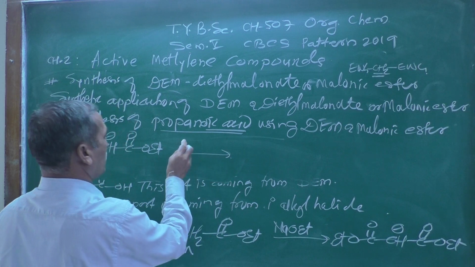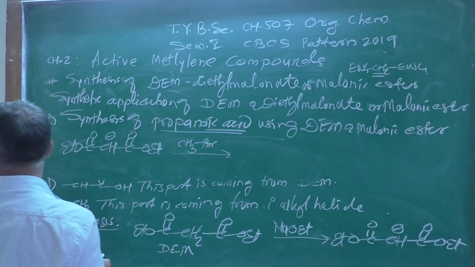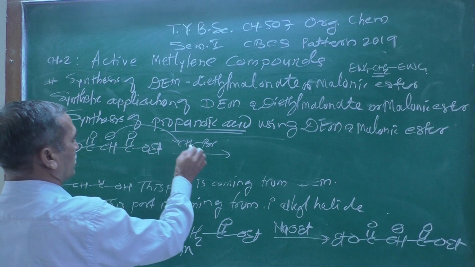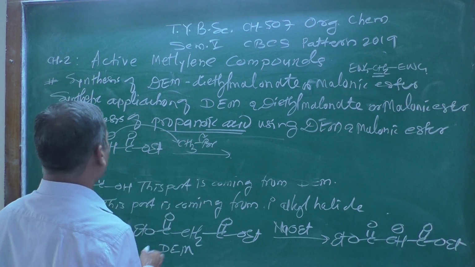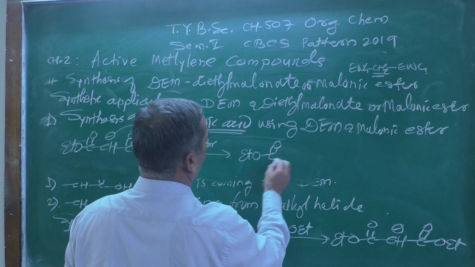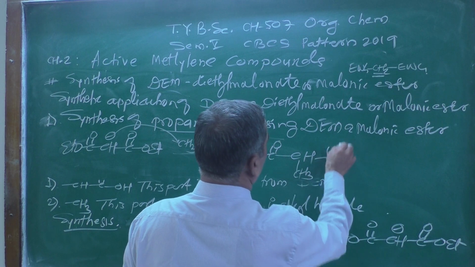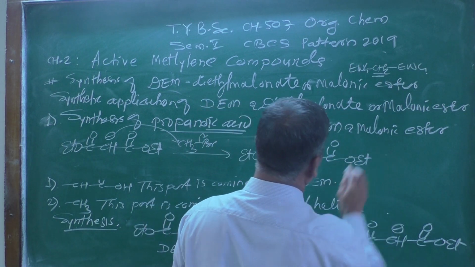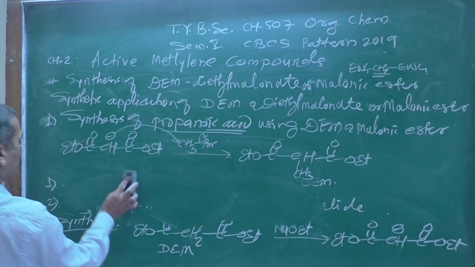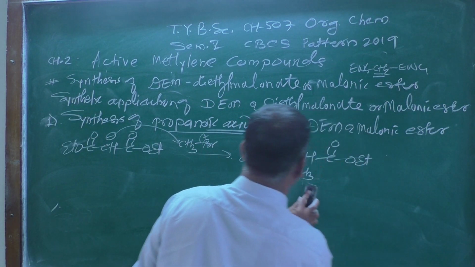It will be treated with CH3Br, methyl bromide. Then a nucleophilic substitution reaction takes place. The negative charge attacks, and Br departs, so that you will get here EtO, C double bond O, CH, then CH3, C double bond O, OEt. This is the compound which we got over here.